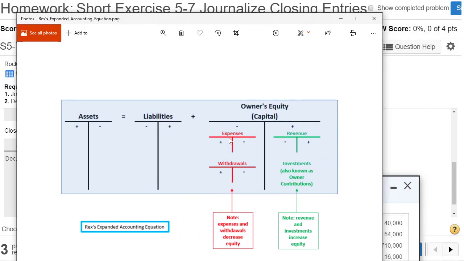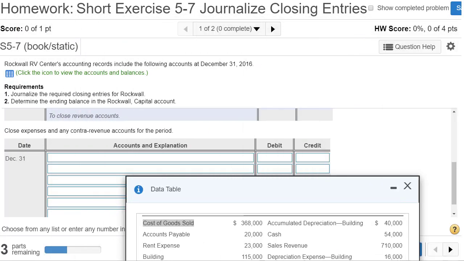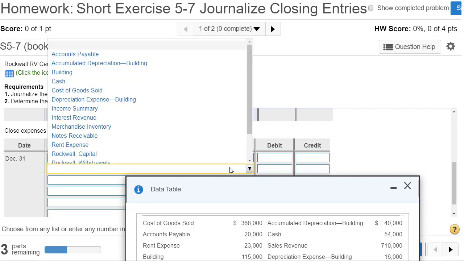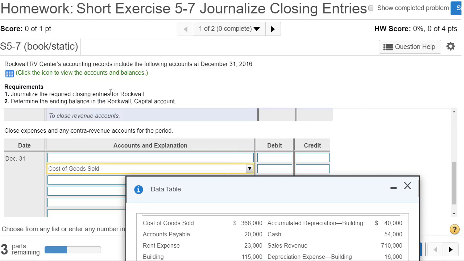So how do I close expenses? Normally, expenses have a balance on the left side. So to close the expense, I'm going to have to put on the right side the credit. So since debits go first, I'm going to have to close COGS on the second row. It's $368,000.